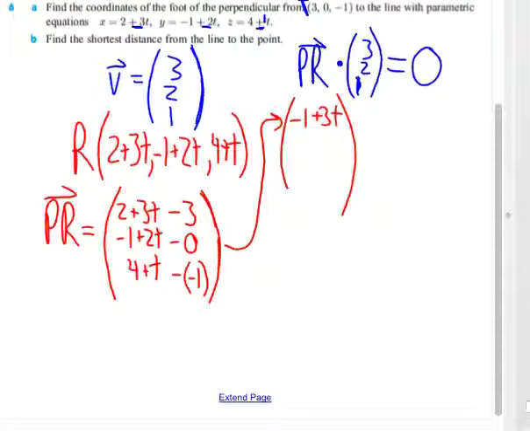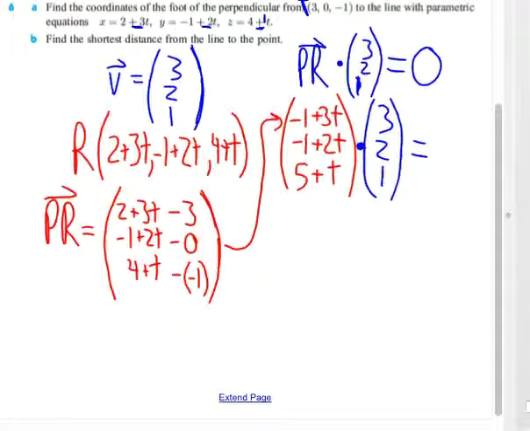Negative 1 minus 0, so that's just a negative 1 plus 2t. And then 4 minus a negative 1 is 5, so it's a 5 plus t. We're dotting that with that velocity vector. 3, 2, 1, and forcing it to equal 0. Okay?